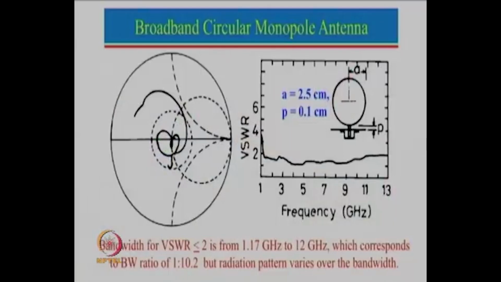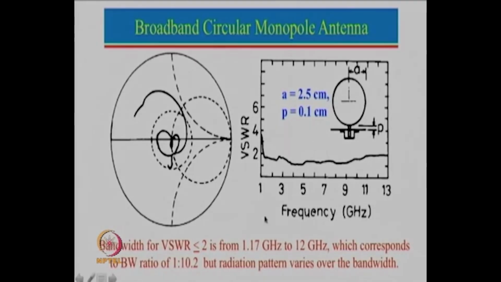In fact, we published this paper in the IEEE journal. Starting from knowing nothing about this antenna, we did an extensive study and could publish, and that paper has been referenced by a very large number of people.